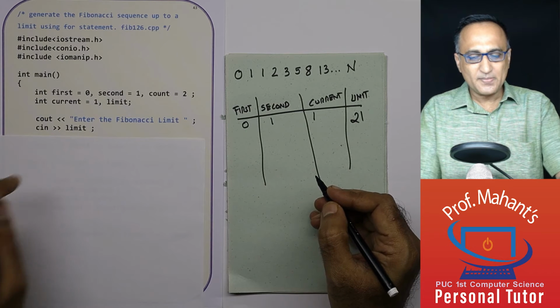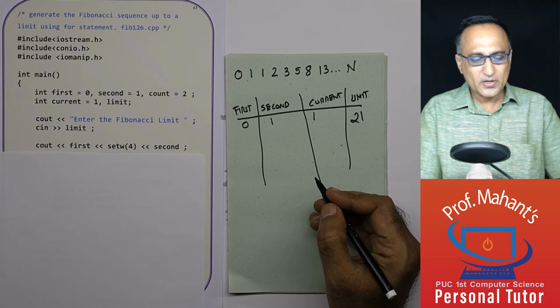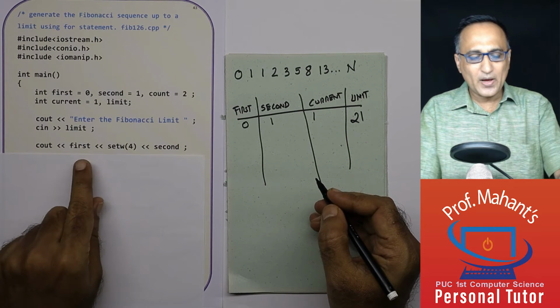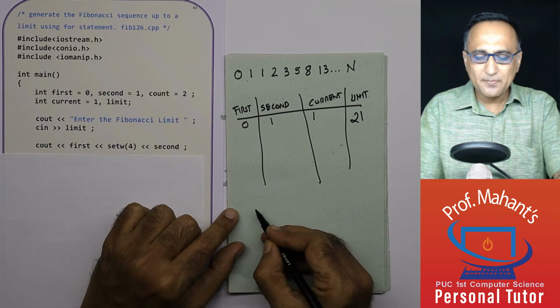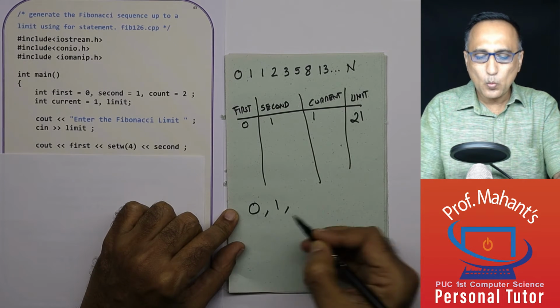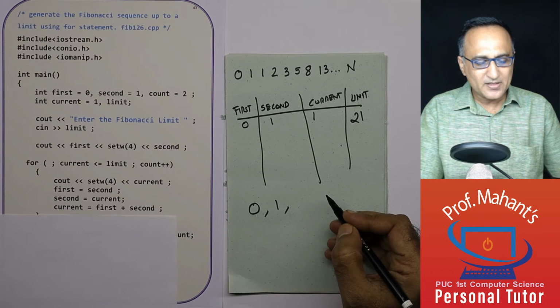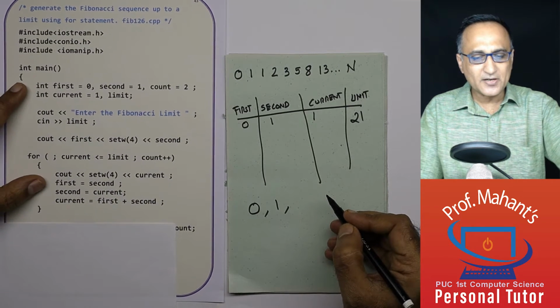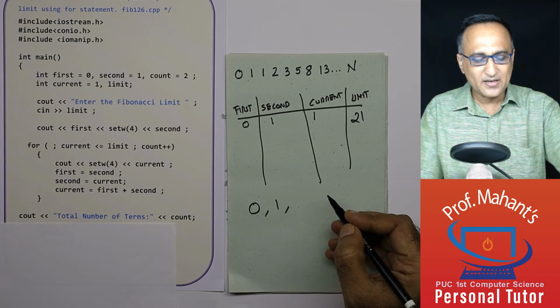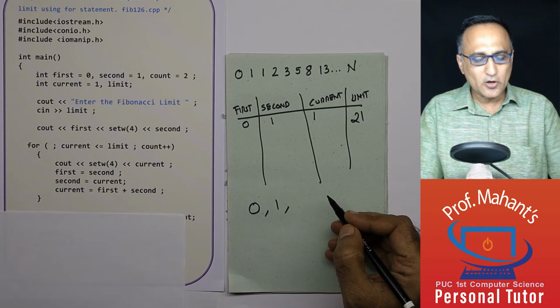So limit is 21. First I am printing the value of first and second, so I am printing 0, 1. And then I go into the for loop, where the complete logic can be seen very clearly. So what am I trying to do in this for loop?